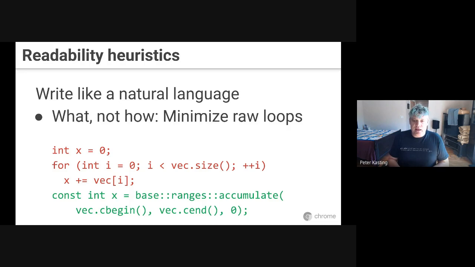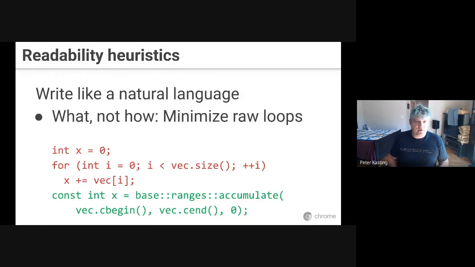So I had a point in, I think it was part 3, not sure, where I went over some of the different algorithms and basically said you can use these to minimize raw loops. Minimizing raw loops is really one way of minimizing talking about the how and instead prioritizing talking about the what.